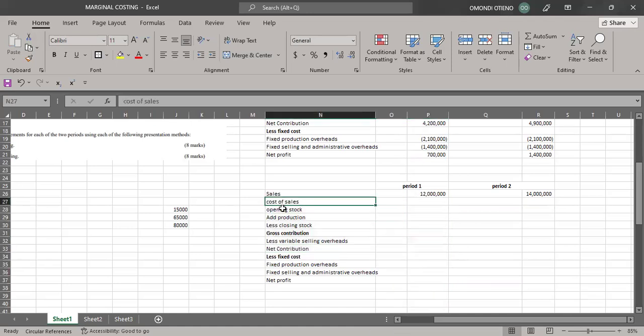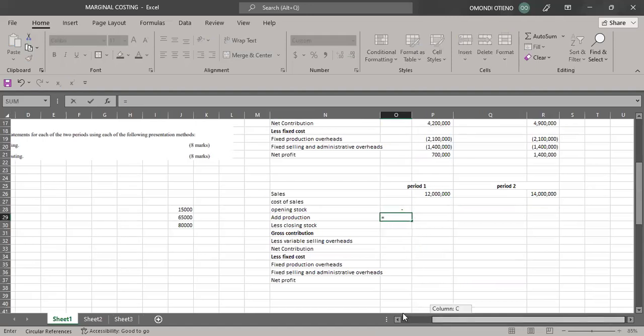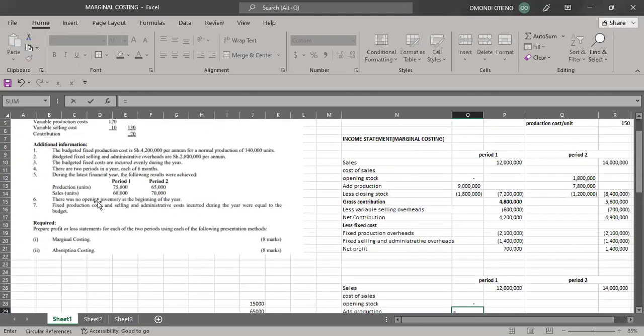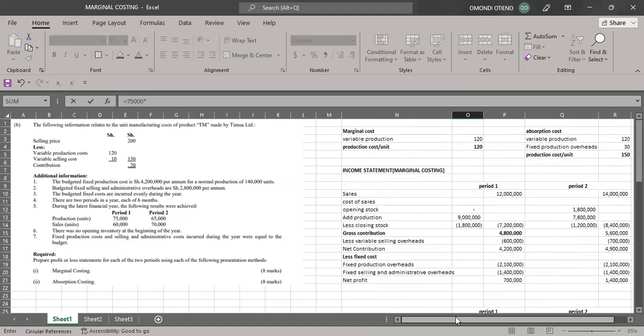Under cost of sales, it will be opening stock. Do we have opening stock? No. How about production? Production is equal to units produced in period 1, that is 75,000 units, multiplied by production cost per unit.